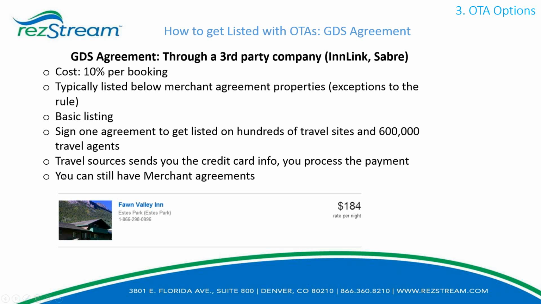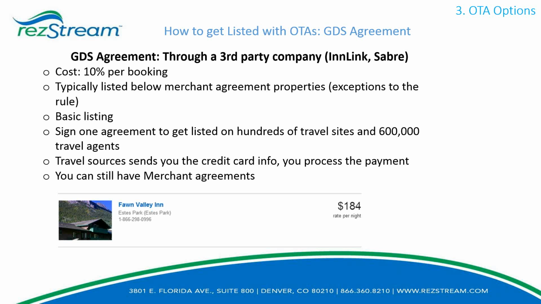The last thing that I really want to drive home, guys, especially for those of you that are already working directly with a travel website, or thinking about it: if you're on a GDS agreement where you sign one contract and get listed on hundreds of travel websites and 600,000 travel agents, and you collect your money when it's convenient for you, you can also still have direct merchant agreements with the travel websites. Let me give you some examples.